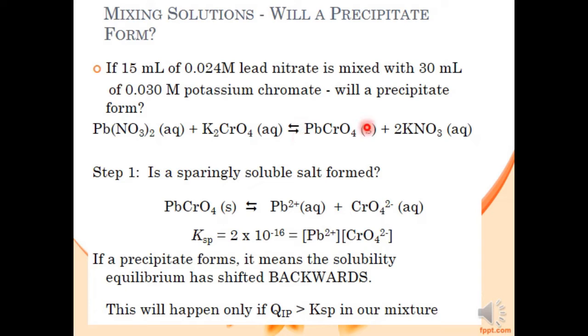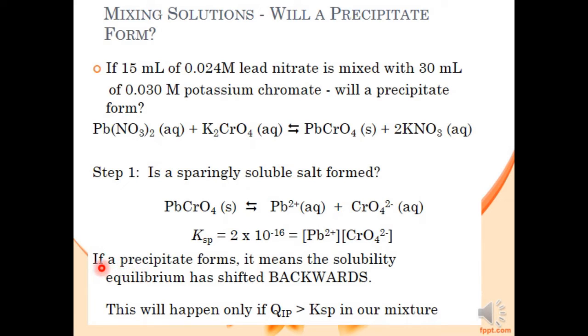So what we do is write the dissociation of this salt, the lead chromate. It dissociates to form lead 2 plus and chromate 2 minus. Now go back to the table in any textbook to find the solubility product constant of lead chromate. Based on the table, the Ksp value for lead chromate is 2 times 10 power of negative 16.